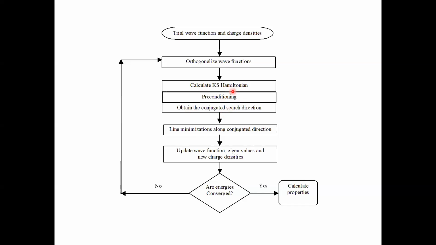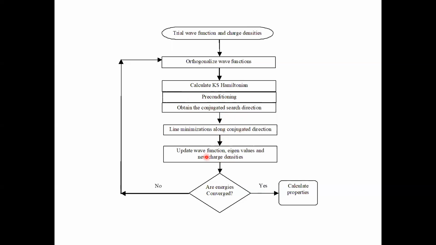And then there are certain numerical procedures called preconditioning and so on. You might have heard of this in how you solve a matrix problem. You set up a matrix problem, and there is a way to precondition the matrix to make it numerically stable, and then you use a minimization procedure, in this case the conjugate gradient method, to minimize the energy.